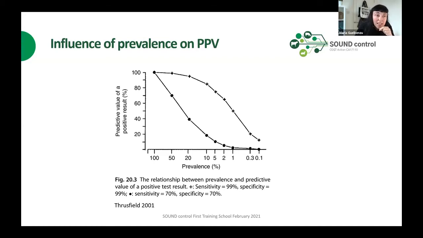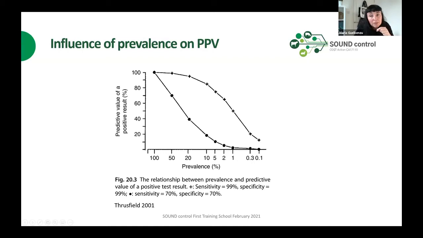What we can see is that at low prevalence, even a nearly perfect test does not give a good predictive value. The number of false positives would really be unchanged after the disease was eradicated. And as the prevalence increases, so does the predictive value of a positive test result.